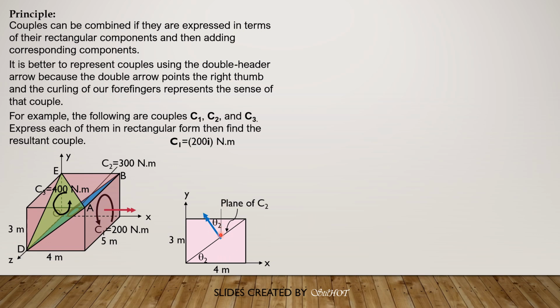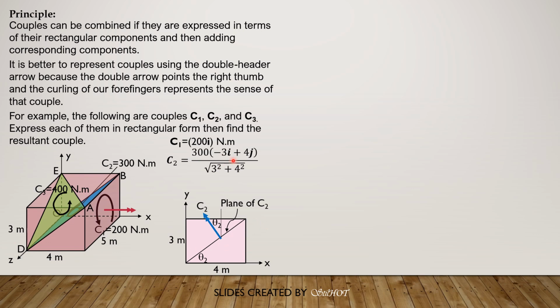So for the x component, it is sine of theta 2. So sine theta 2 is opposite over hypotenuse, 3 over 5. So C sub 2 therefore is 300 times, for x component, the opposite of theta 2 is 3.